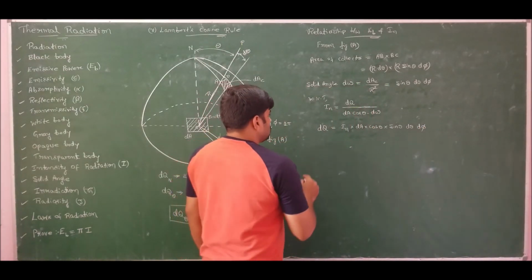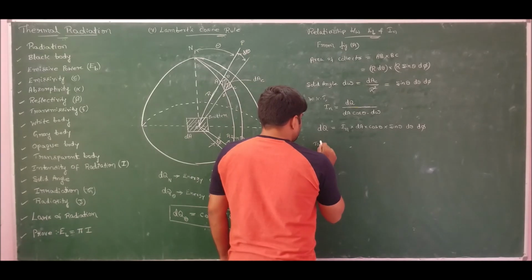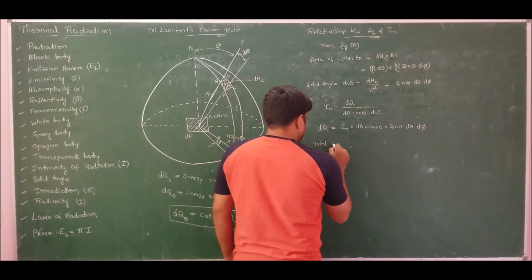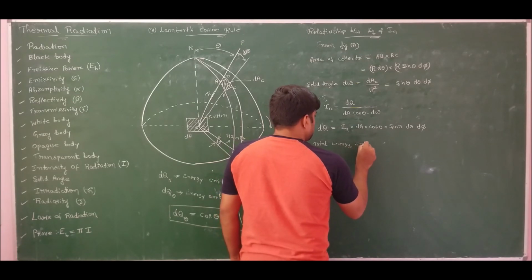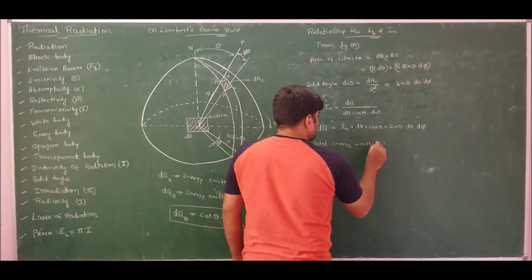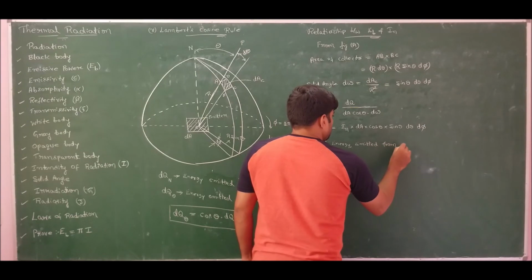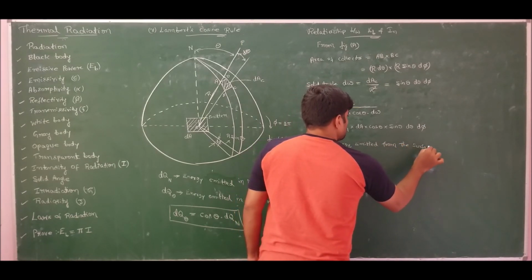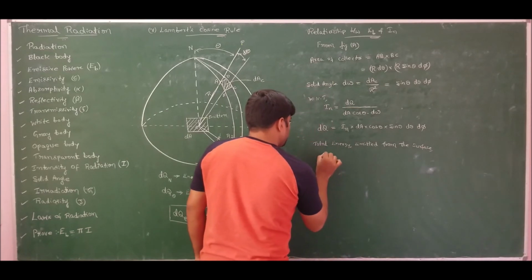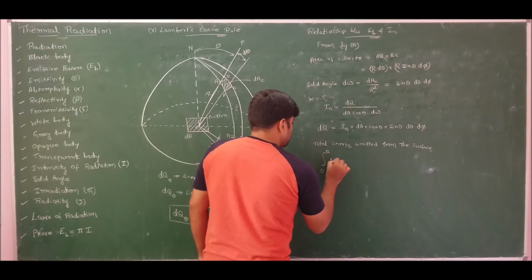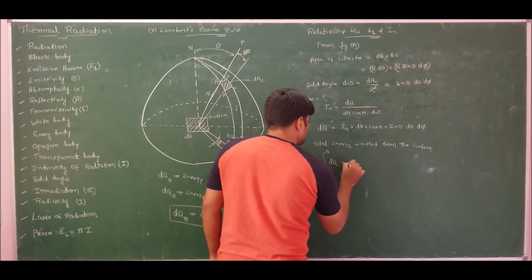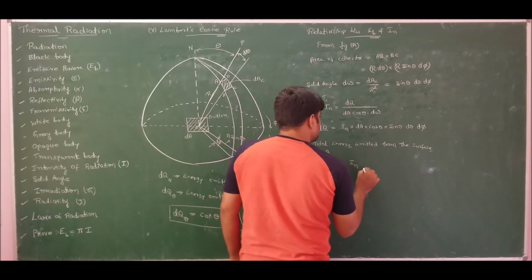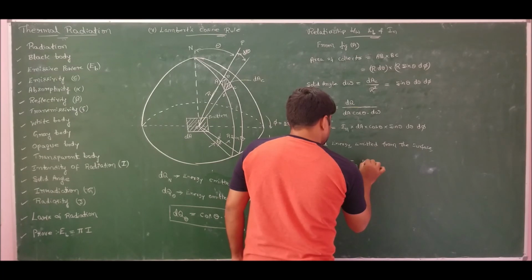So the total energy emitted from the surface will be, integral from 0 to Q, dQ, which is equal to intensity of radiation times dA.